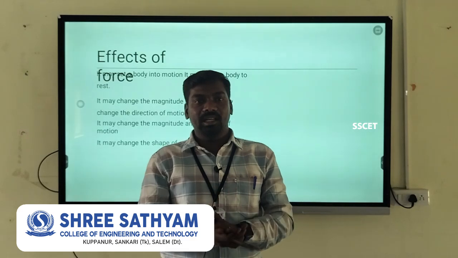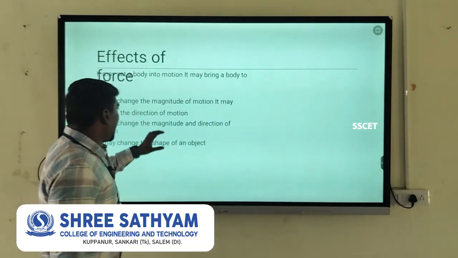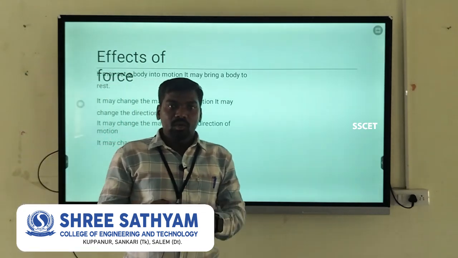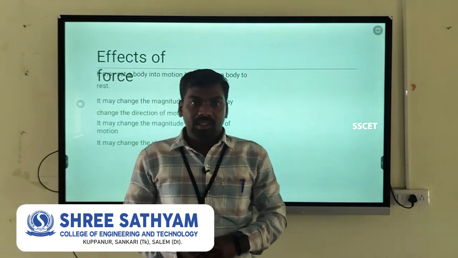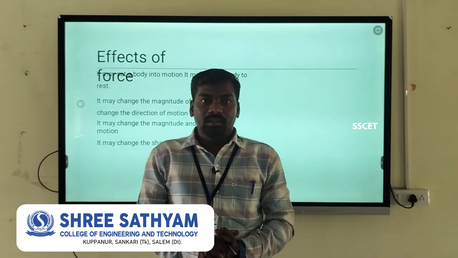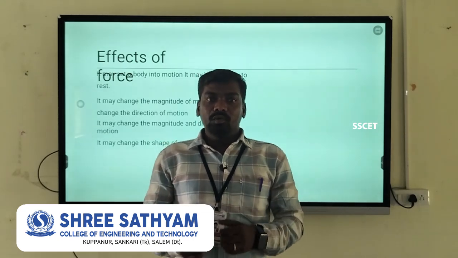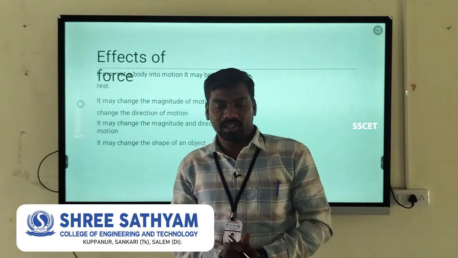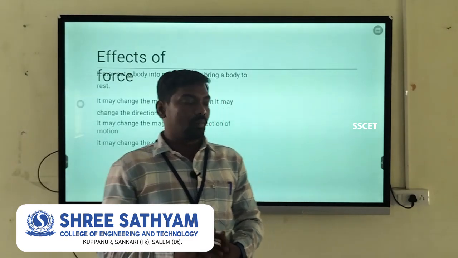So it is called the magnetic force of directional motion. When you apply the force in a direction, the body will move in that direction. It is called the direction of motion.